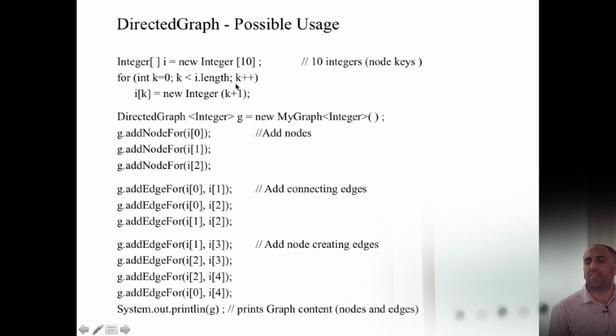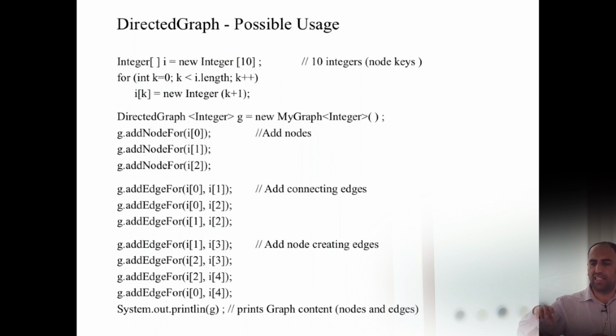Because the implementation should support generics, let's say I want to create a graph for integer values. I can use it like this, and then call the add node for method and provide integer values which are stored in an array. By these three lines, add node for I0, I1, I2, it should add 3 nodes in the graph.